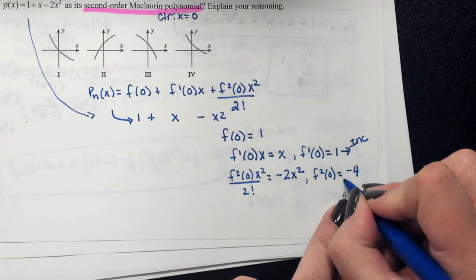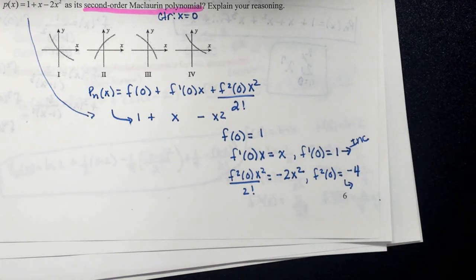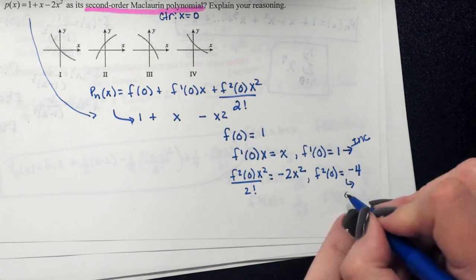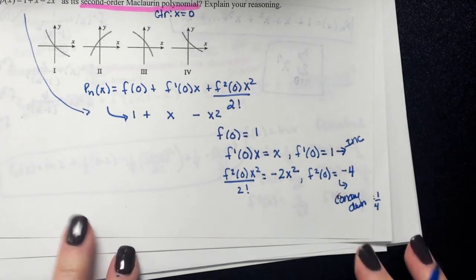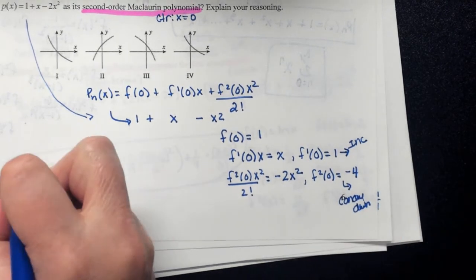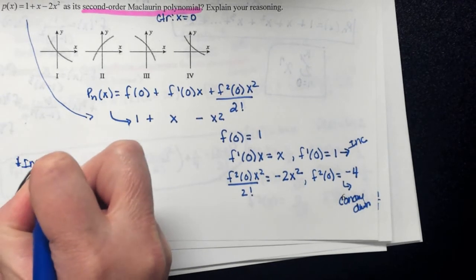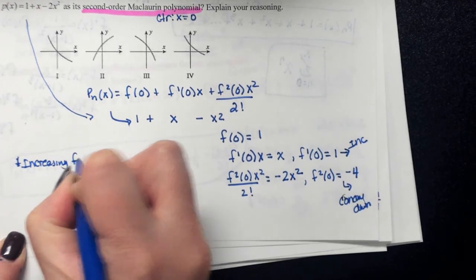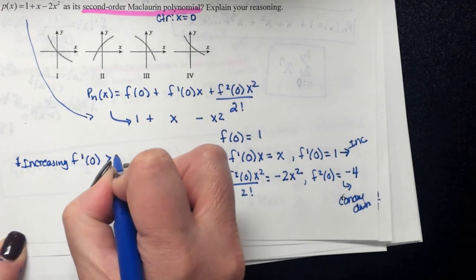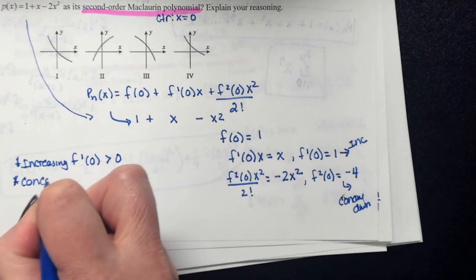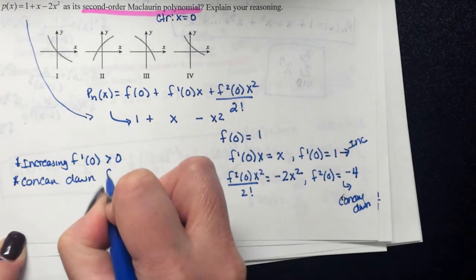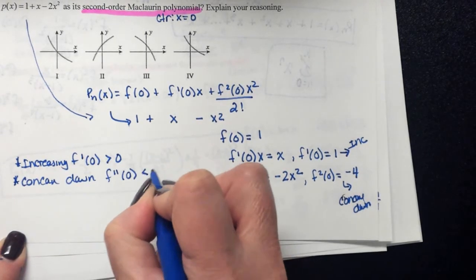When the second derivative is negative, that tells me about the concavity. So when my second derivative is less than 0, what do I know about this graph? This graph has to be concave what? Down. So my answer choice has to be the graph that is increasing, because f prime of 0 is greater than 0, and it has to be concave down, because the second derivative at 0 is less than 0.